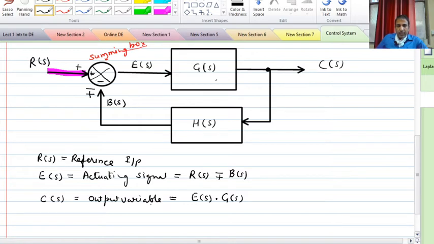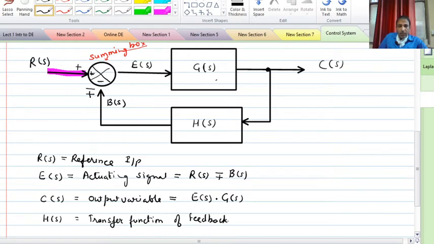Okay, so this H(s) is the transfer function of the feedback path.